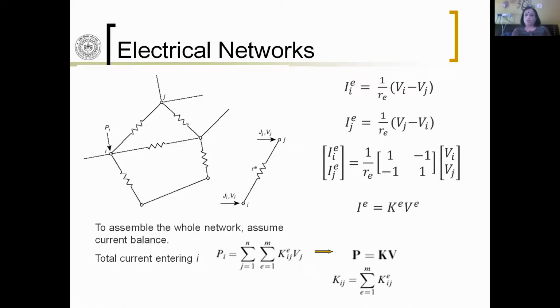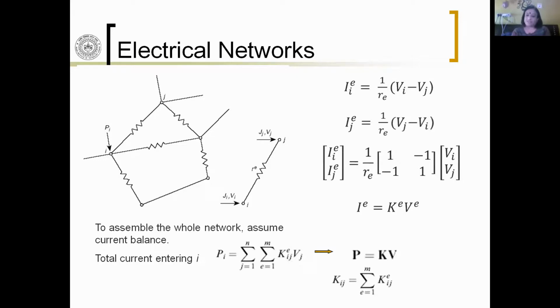So what I have done here is I have shown you something that you have always done. When you are doing electrical circuits, you take the whole circuit, break it up into elements. Here the elements are the branches. Each branch at a time, you set up a relation in terms of the nodal currents and the nodal voltages corresponding only to that branch. Once you have done that for every branch, you will have to look for a rule which allows you to assemble all these currents and voltages together.